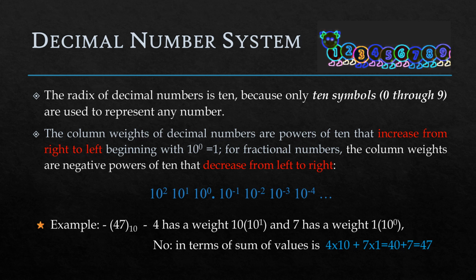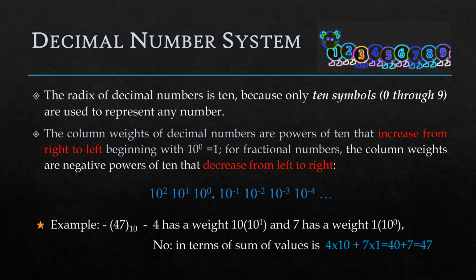The column weights of decimal numbers are powers of 10 that increase from right to left, beginning with 10 raised to 0, which is equal to 1. So the rightmost digit will have 10 power 0, then 10 power 1. It goes on increasing towards the left side.